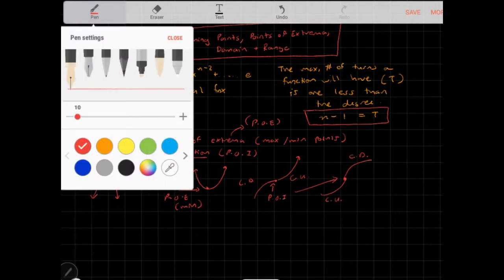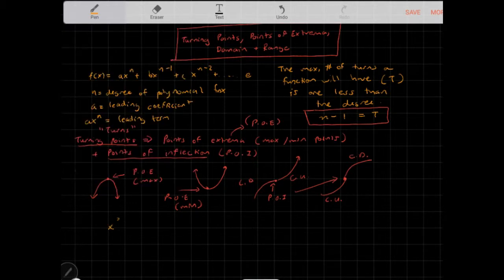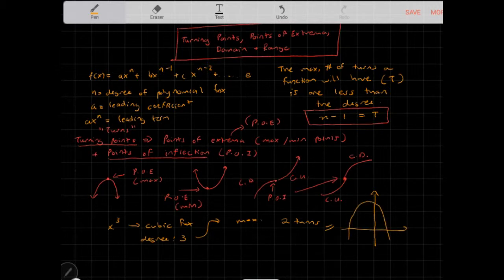So this is really useful. Because if we have a cubic function, the degree here is, sorry, a degree of 3. With a degree of 3, we should expect a maximum of 2 turns. An example of a cubic function is something that kind of looks like this.